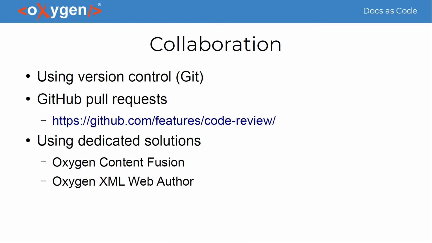Collaboration. Well, the fact that you are using a version control system already empowers and permits collaboration, because all the members of your team can work on those documents. If you go with GitHub, GitHub has a nice pull request mechanism.